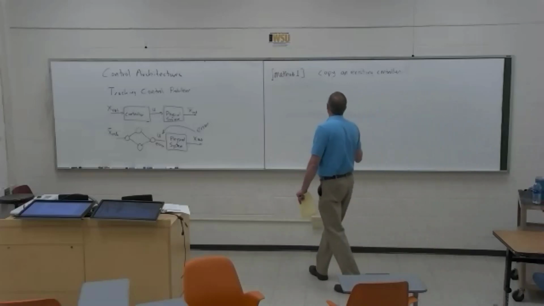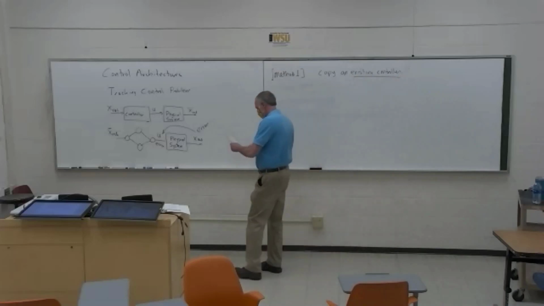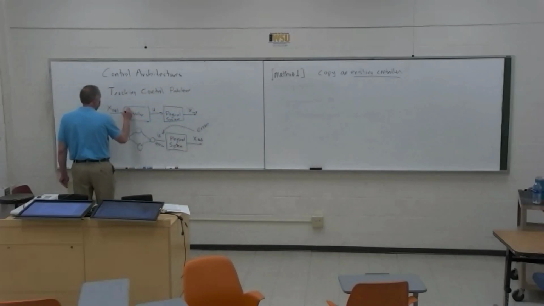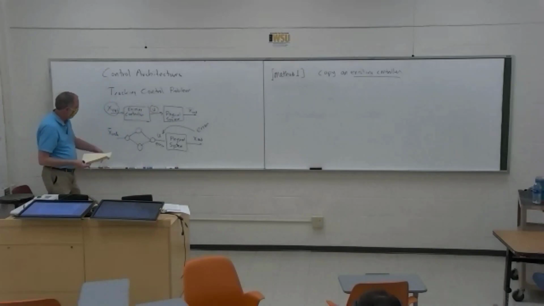So if we have an existing controller that works, we could copy it with a neural net just by saying, well, here's our existing controller. We put in a bunch of XREFs to record the outputs, and that's our training set for the controller down here.